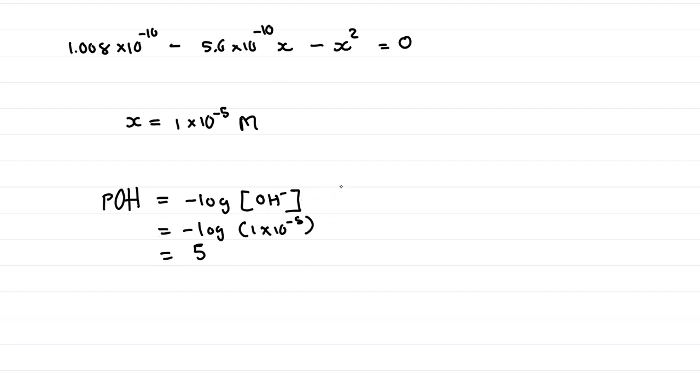Now that we have the pOH, we can find the pH. So 14 is equal to pOH plus pH. Basically pH is equal to 14 minus pOH.